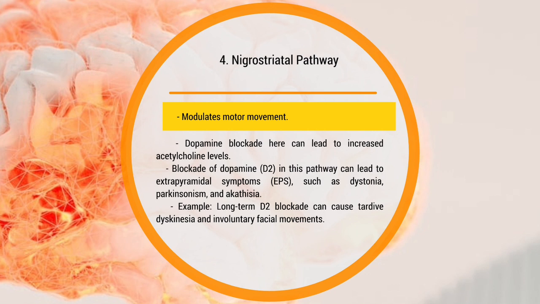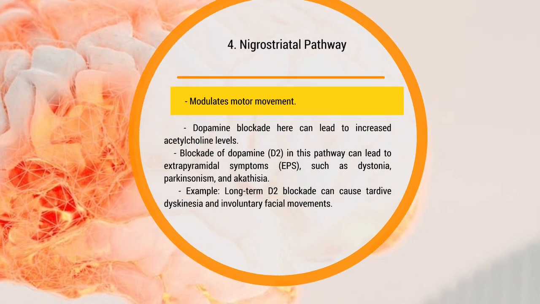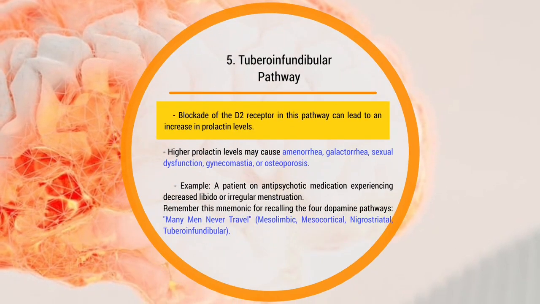See, in nigrostriatal too, the problem here is because of an increase of acetylcholine causing EPS. In the tuberoinfundibular, you have a blockade in dopamine and you have an increase of prolactin, causing the menstruation symptoms of amenorrhea.